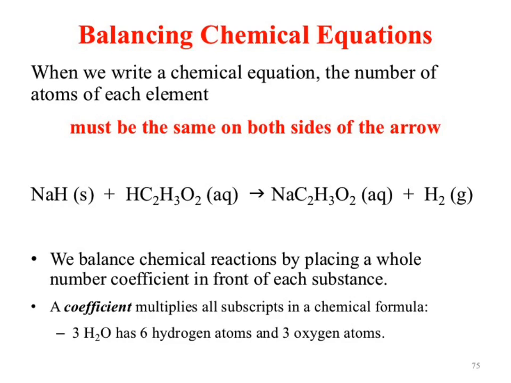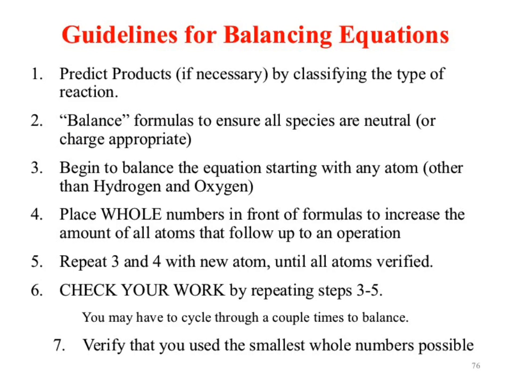As far as rules on how you could do this, these are the guidelines for balancing equations that I would recommend. The most important one seems to be the one students don't like doing. So let's highlight that one. Right there at the bottom is check your work.